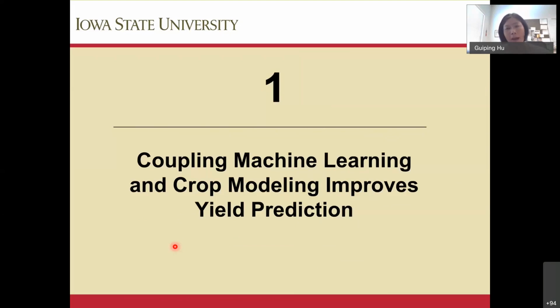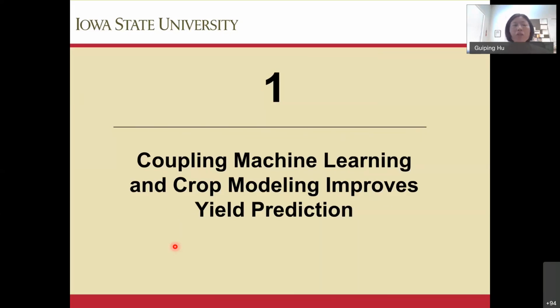I'm by no means an expert in plum breeding, okay. I'm still an elementary school student trying to learn how the techniques we develop in engineering, in decision science, in data analytics can help this community move to the next level.